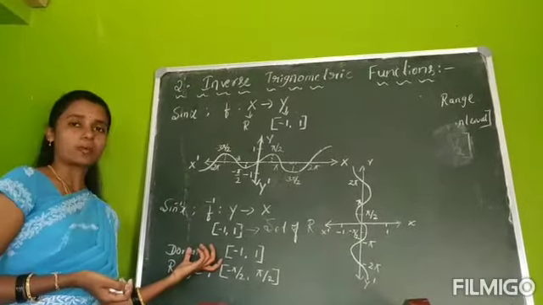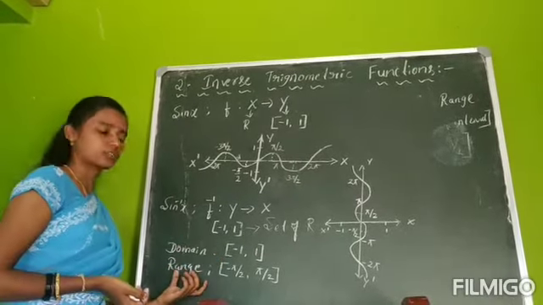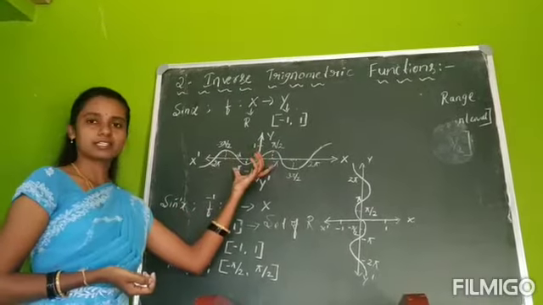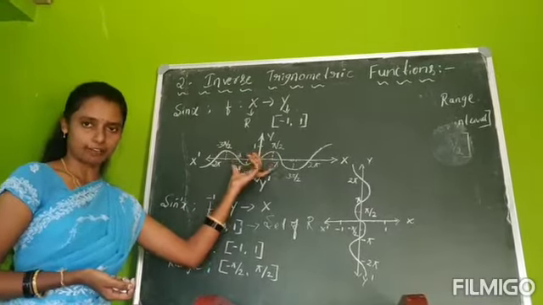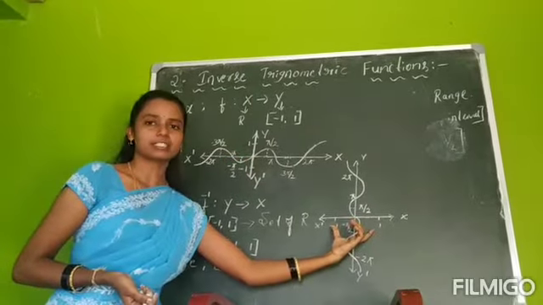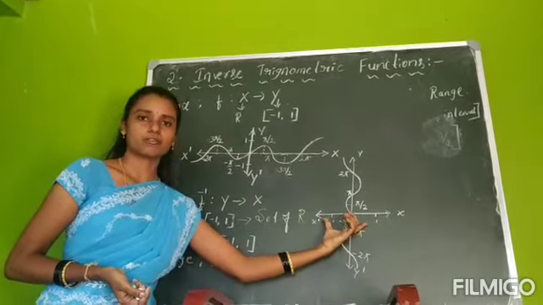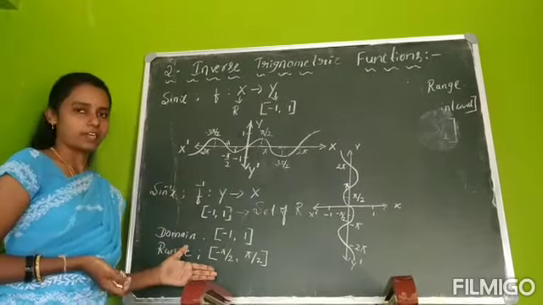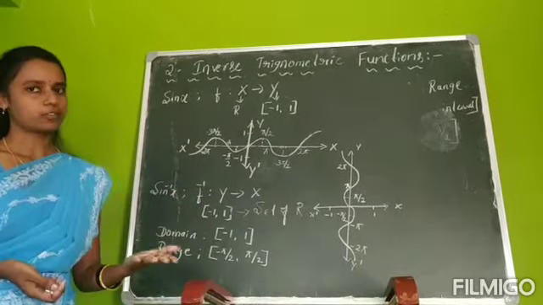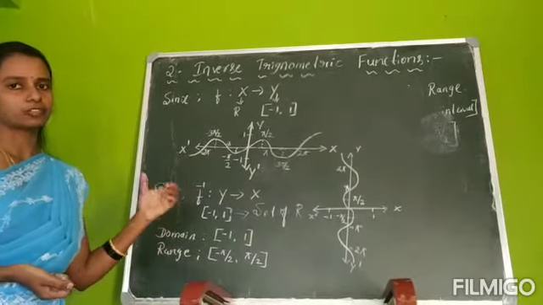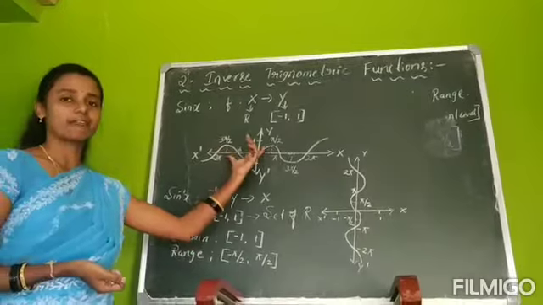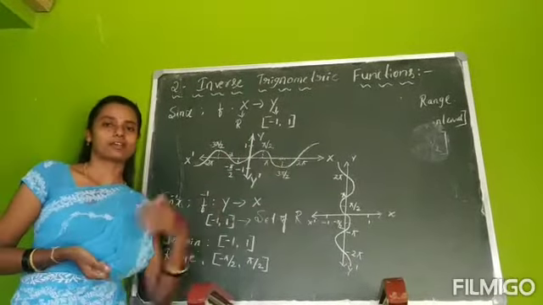So this is the domain for the sine and this is the range for the inverse of sine, and this is the graphical representation of the sine function and this is the graphical representation of the inverse of sine. In the same way, for the remaining 5 inverse trigonometric functions, you can refer to a textbook for their domain, range and graphical representation.